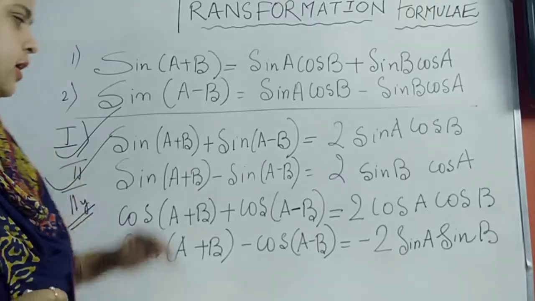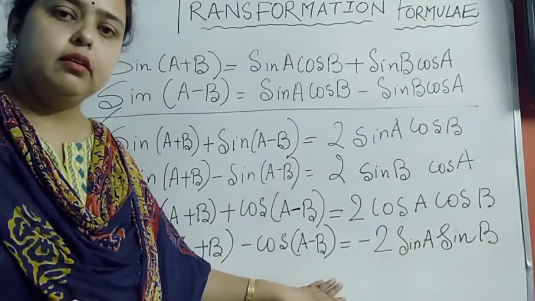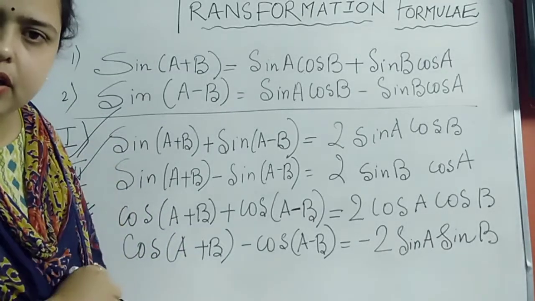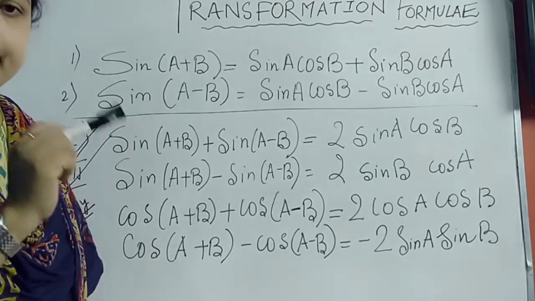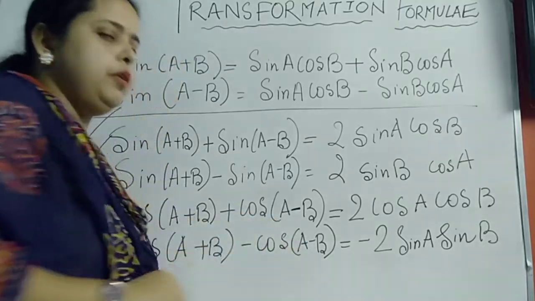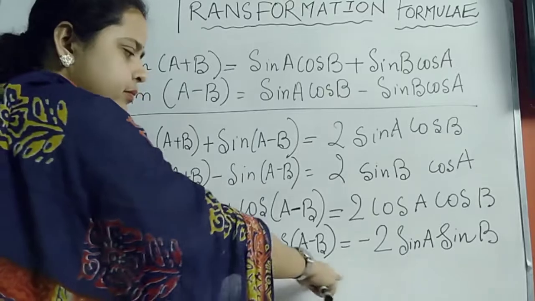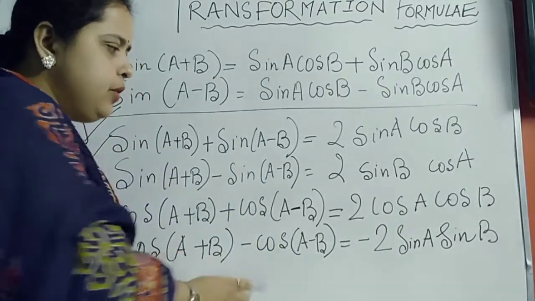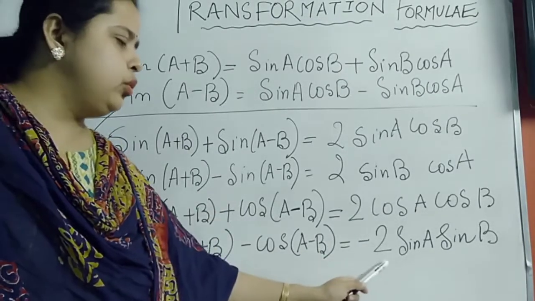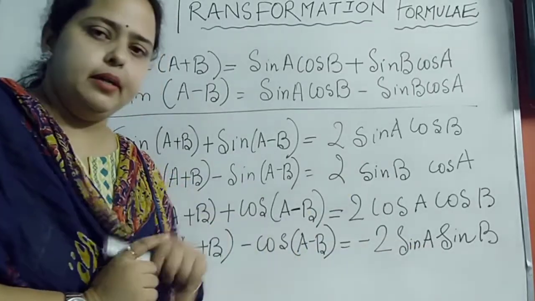Okay, students. Now when you are subtracting, please remember, in cos a plus b we have a minus in between: cos a cos b minus sine a sine b. And in the case of cos a minus b, we have a plus in between. So the subtraction is yielding minus 2 sine a sine b.